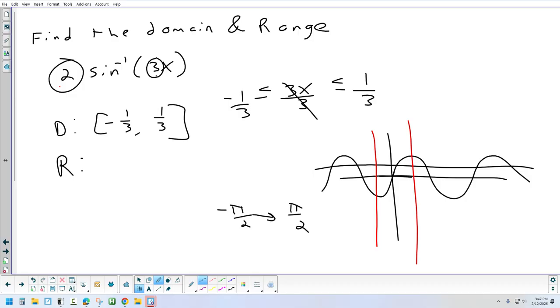Vertical stretching. Yeah, it's a vertical stretch by how much? By 2. So we're taking the range and we're doubling it. So what would you get if you take -pi/2 to pi/2 and you double it? -pi to pi. Yep. That's how you find the domain and range. So you have to know the originals to find the new ones. The inverse cosine and inverse tangent are very similar.